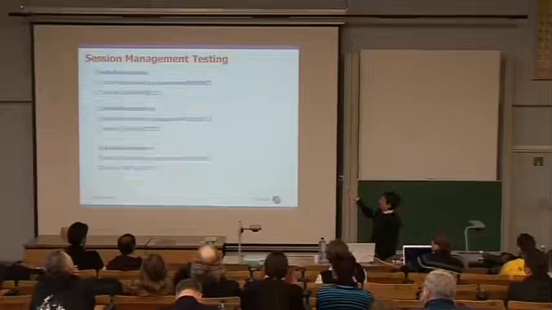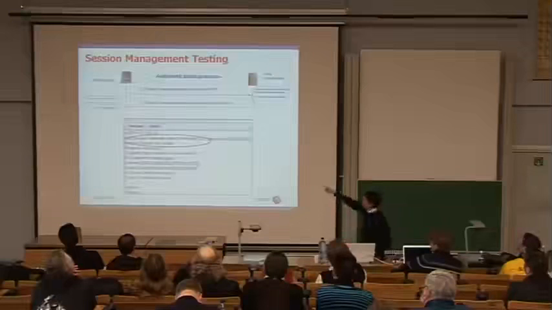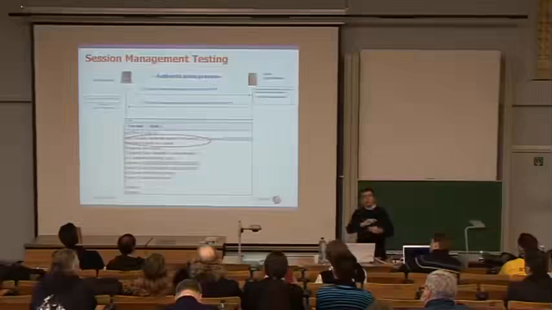So, for example, if I request many cookies of the application, using WebScarab, you can collect a lot of cookies, hundreds or thousands, so you can understand how the application generates the cookie.